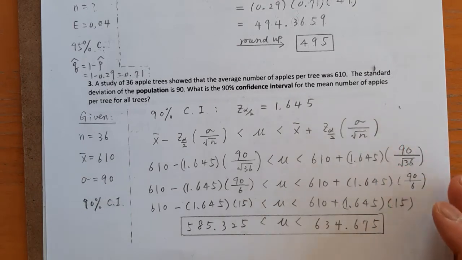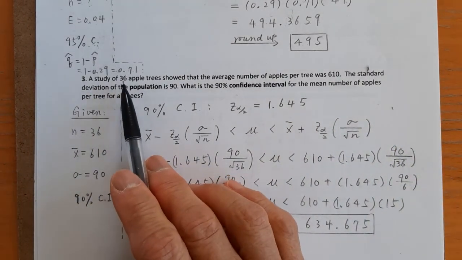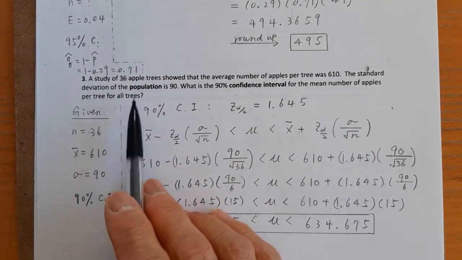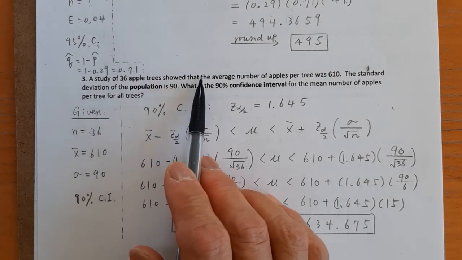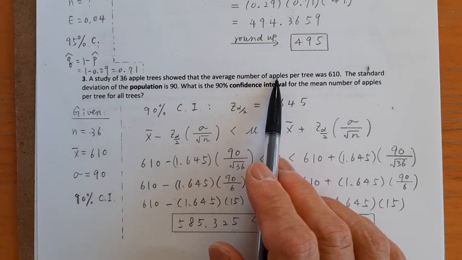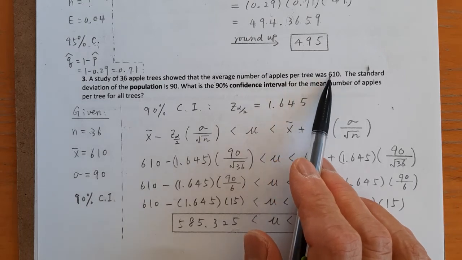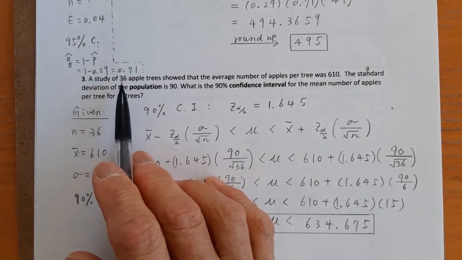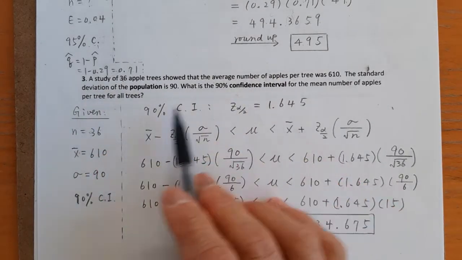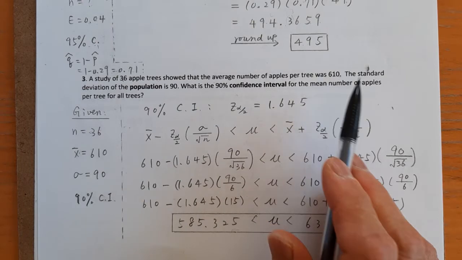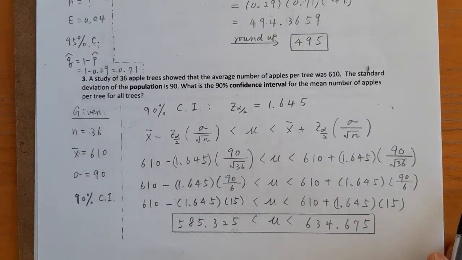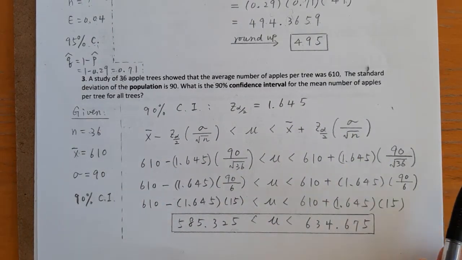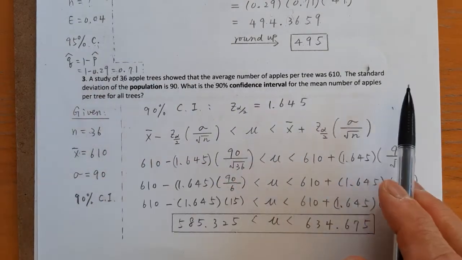Question 3. A study of 36 apple trees, so n equals 36, shows that the average number of apples per tree was 610. So this is the sample mean, x bar equals 610.